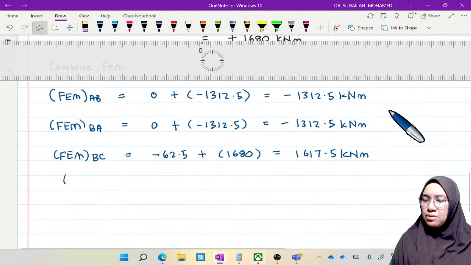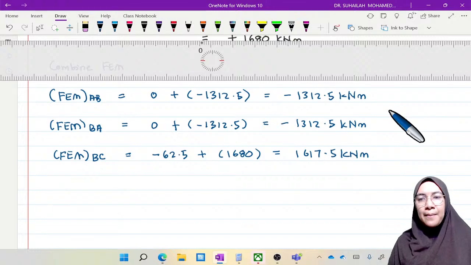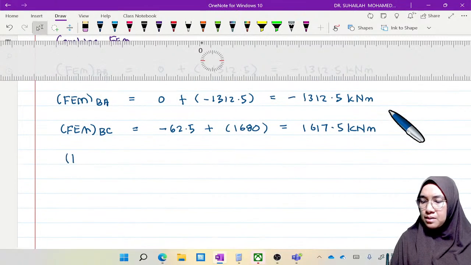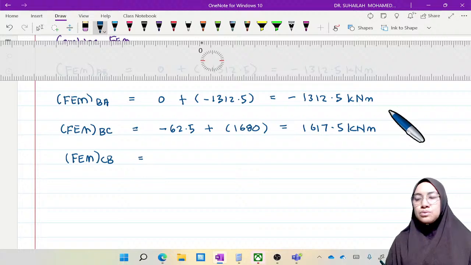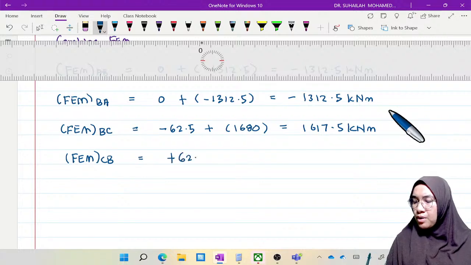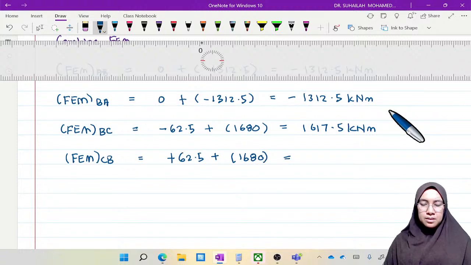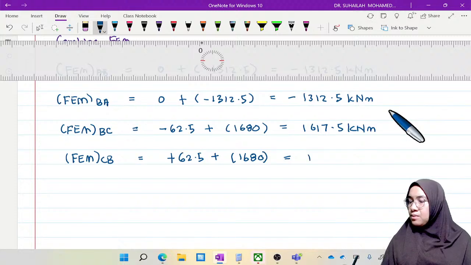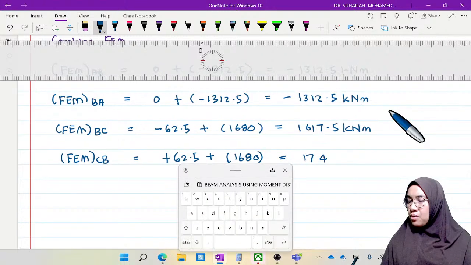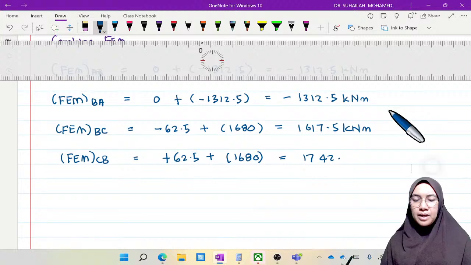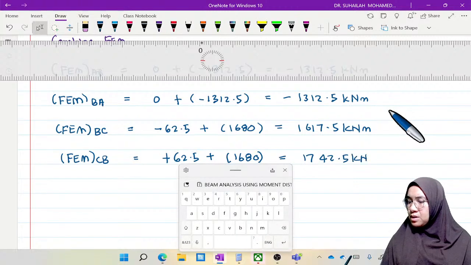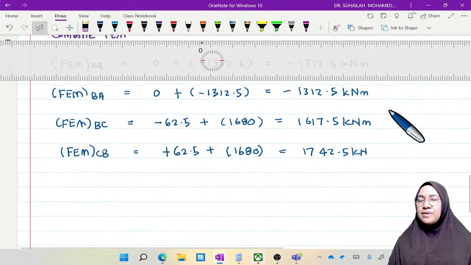Then FEM for CB is positive 62.5 plus 1680, which gives 1742.5 kilonewton meter. This is FEM CB.